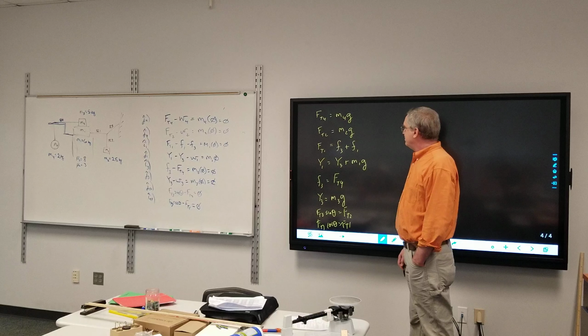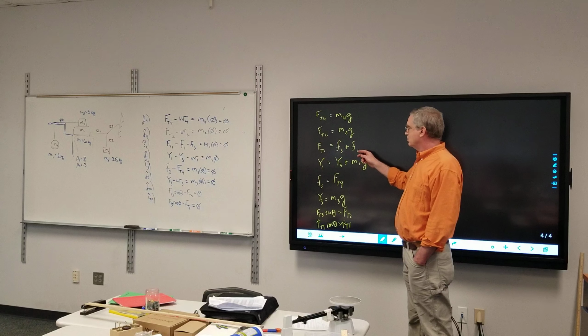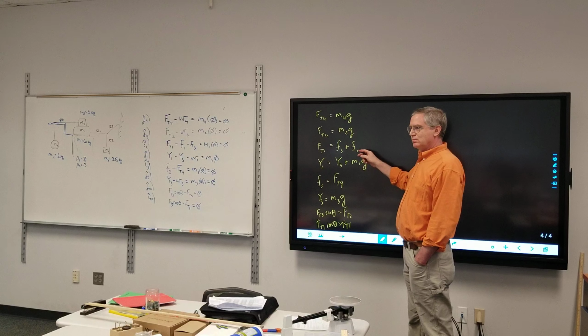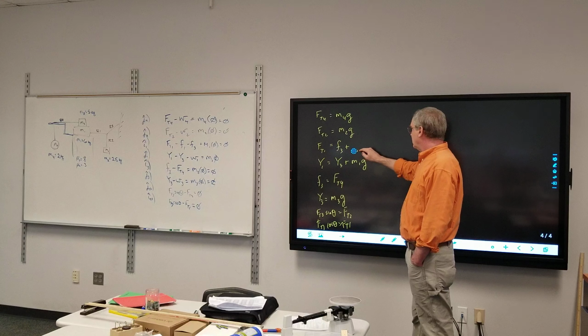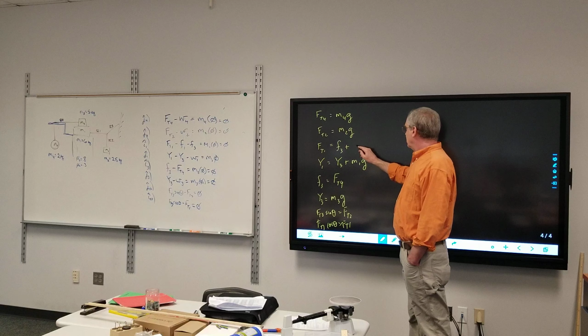For friction 1, on the third equation, would that be equal to 0.8 times normal 1, the normal force? Yes, okay. So that's the other substitution. I wasn't looking at the paper exactly, so I didn't know the number.